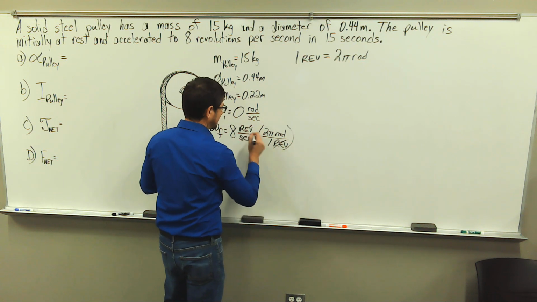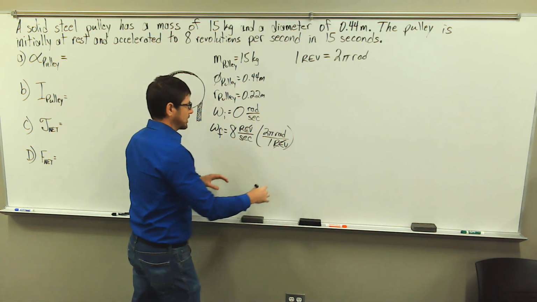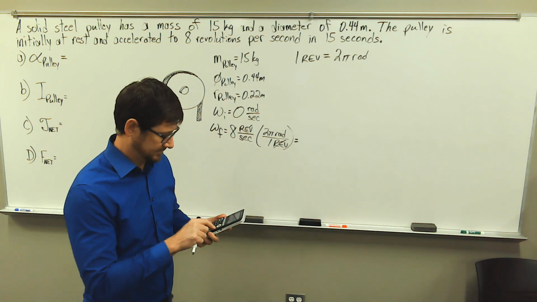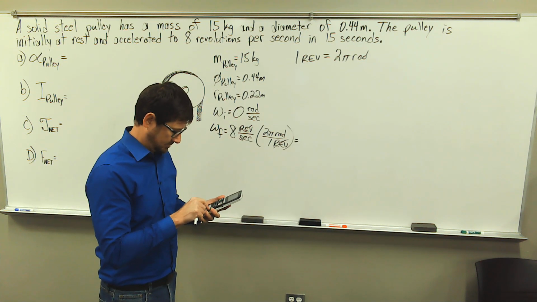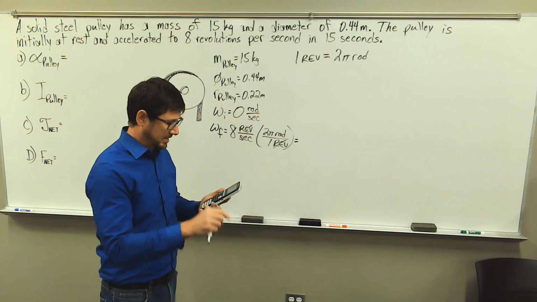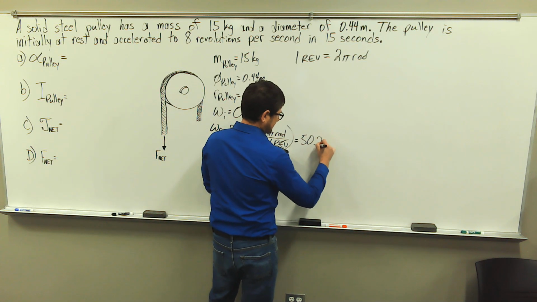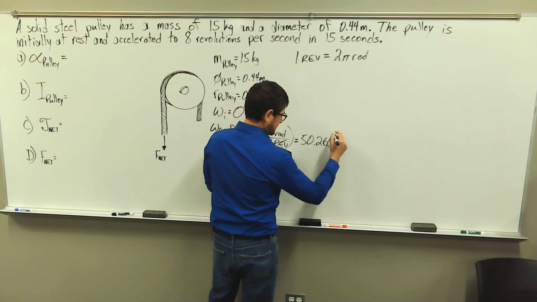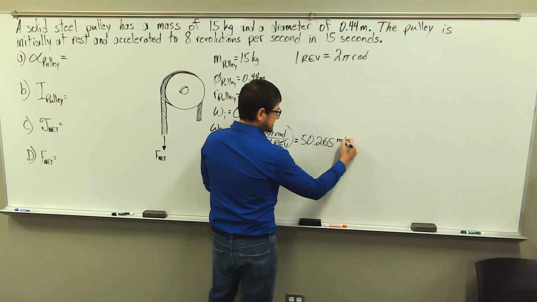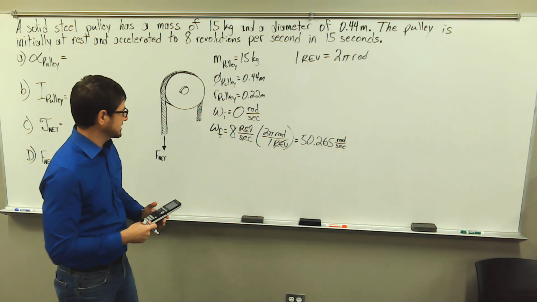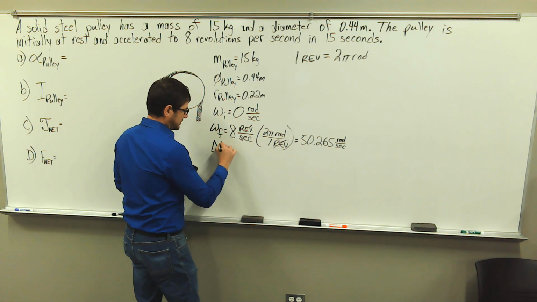Our units of revolutions will cancel. So 8 times 2 pi, and I get 50.265 radians per second. So that is our final angular velocity and our time interval.